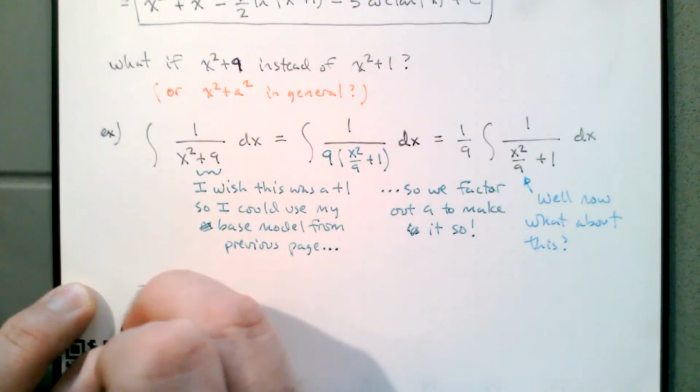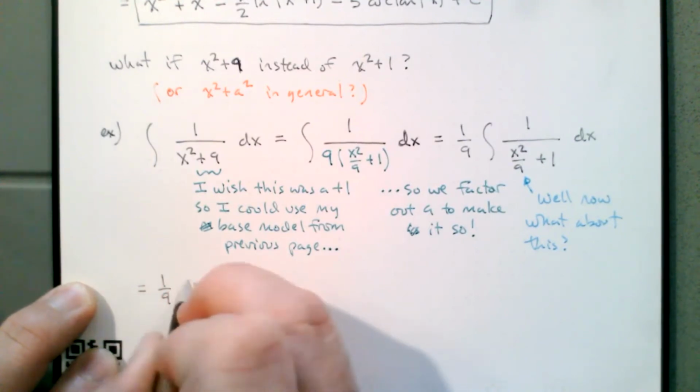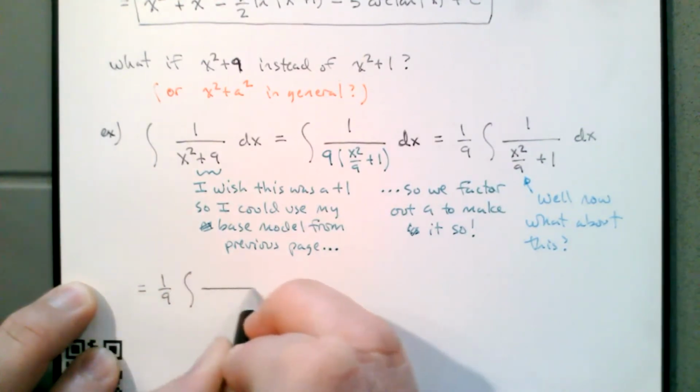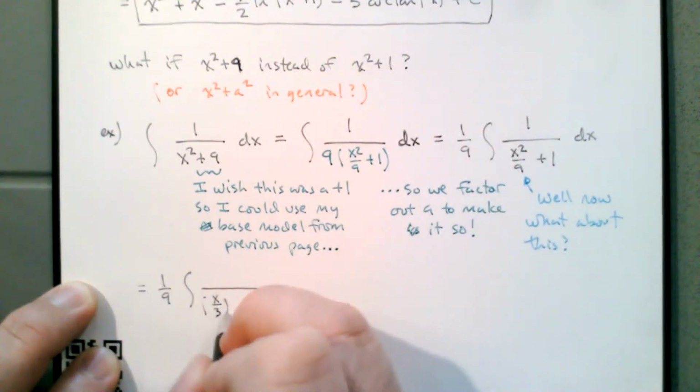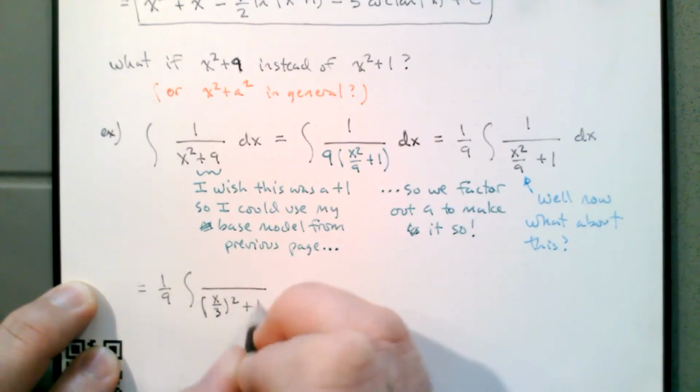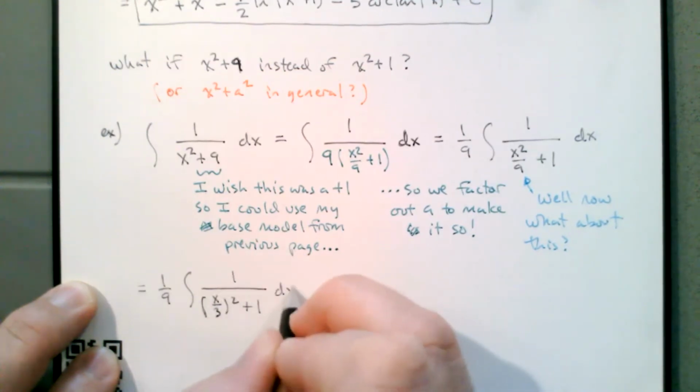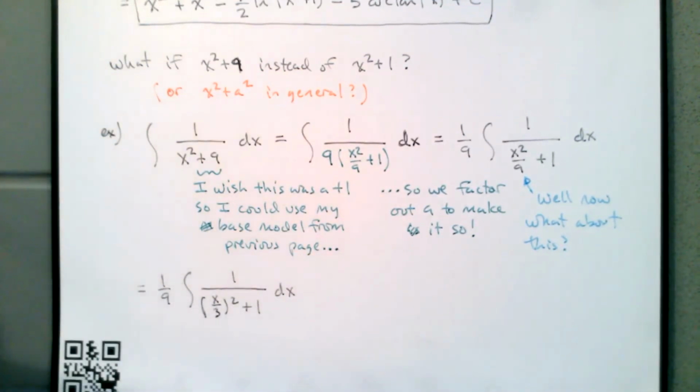So I still got this 1 over 9. I'm going to read x squared over 9 as x over 3 squared, and then we'll make a substitution.